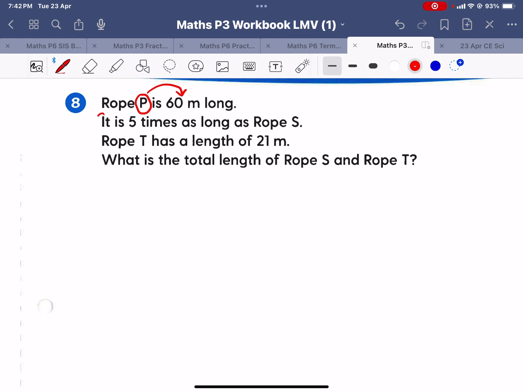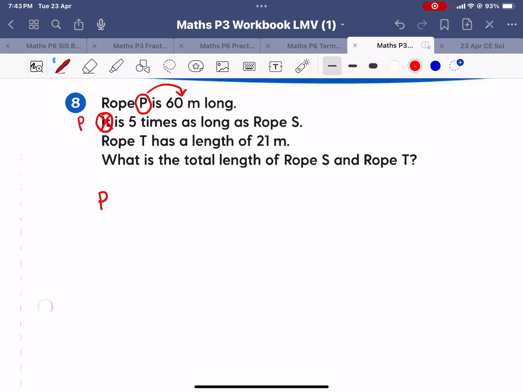Now what do we know about this word it? Which rope are we actually referring to? This is so confusing for us. But we know that this it refers to the previous item that was being described, which in this case is rope P. So P is actually 5 times as long as S. So there we have it.